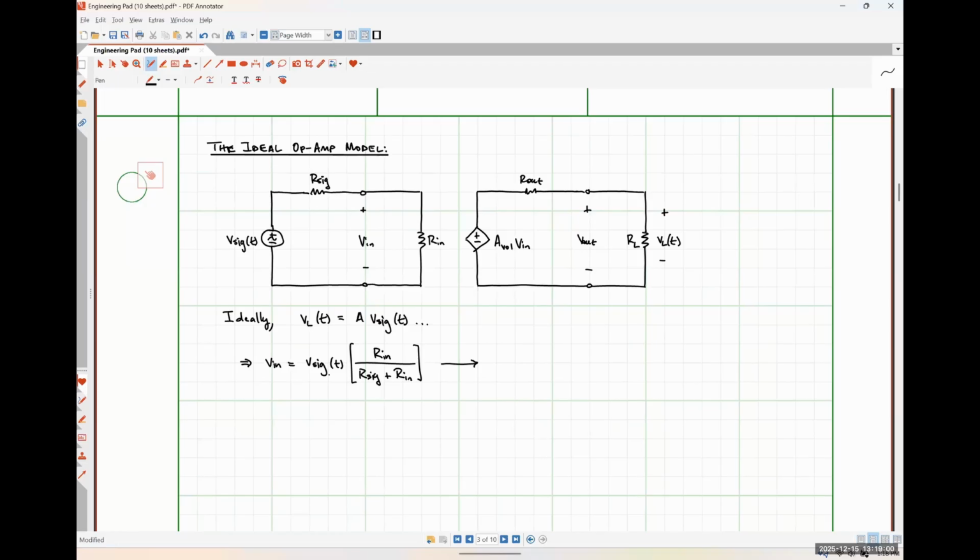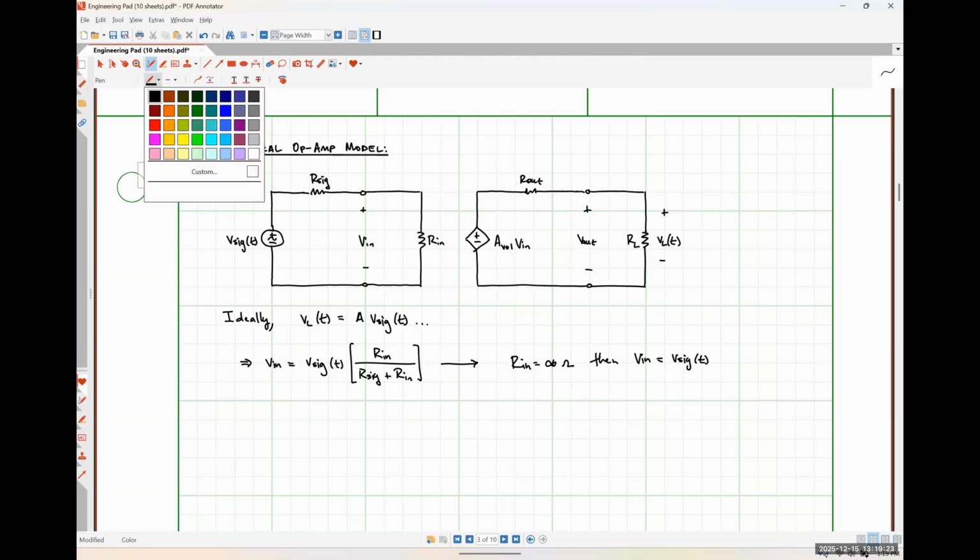So if Rin is infinitely large, then Vin is exactly equal to V sig. So this is the ideal version of the input resistance of a voltage amplifier, of which an op amp is a special example of. Okay.